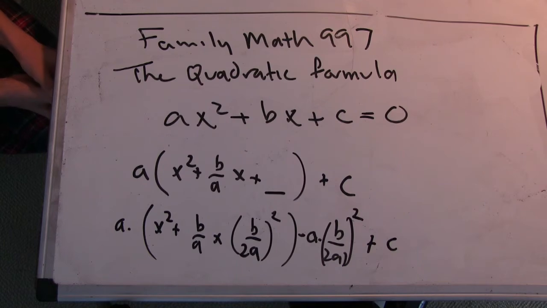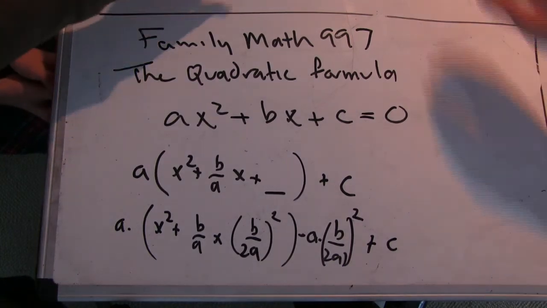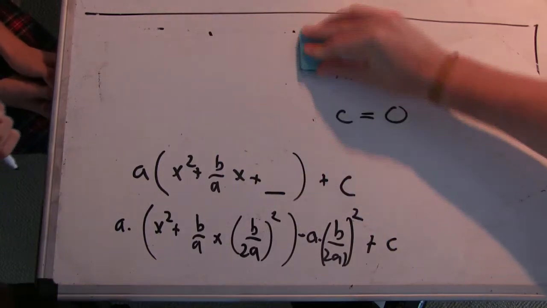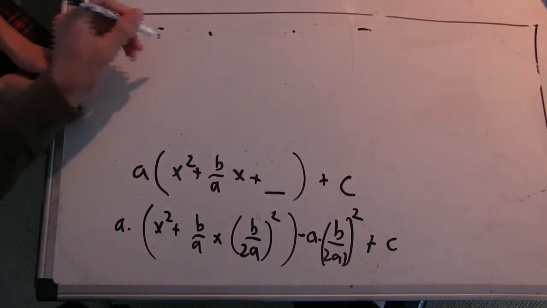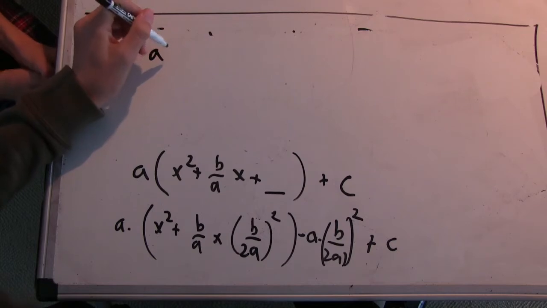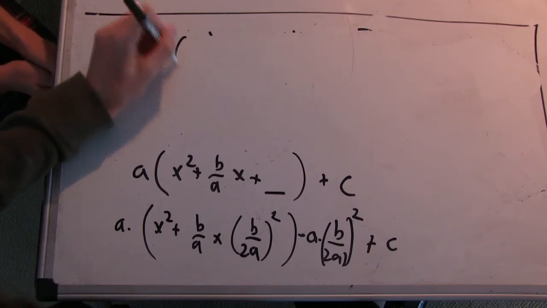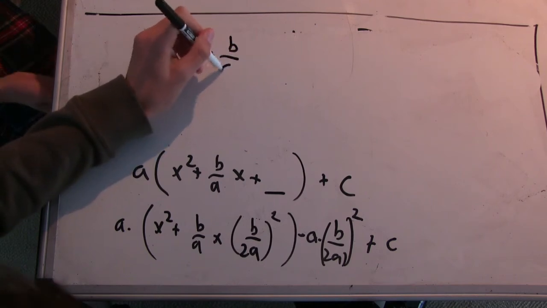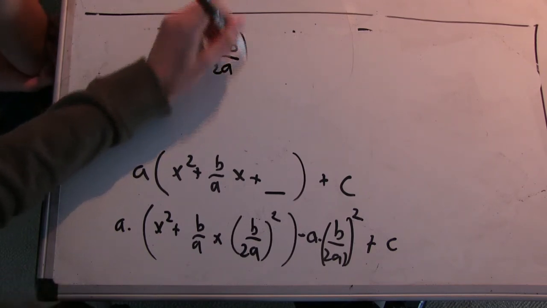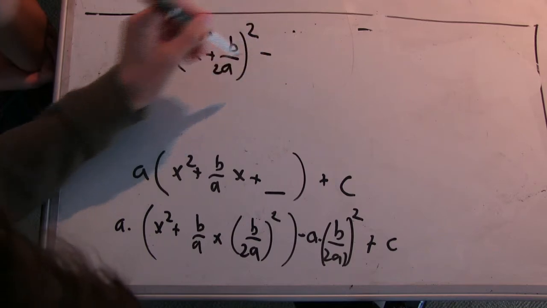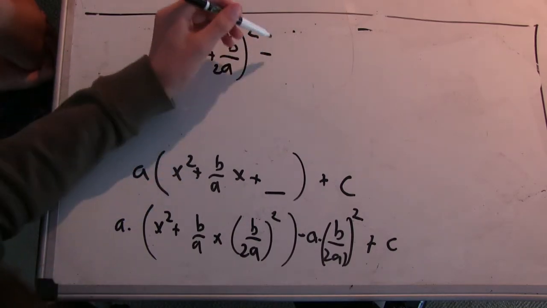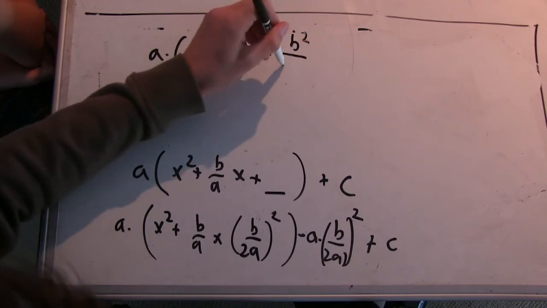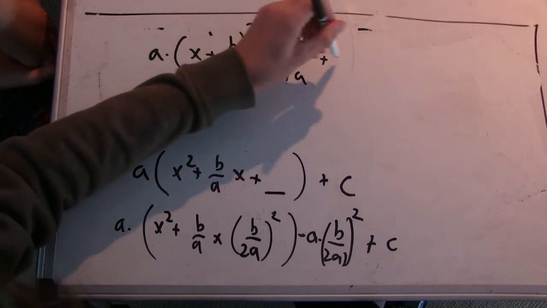Then we're just going to do a times x plus b over 2a, squared, minus b squared over 4a, plus c.